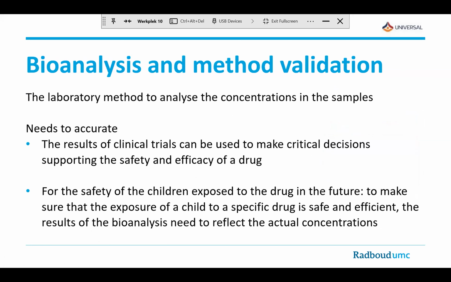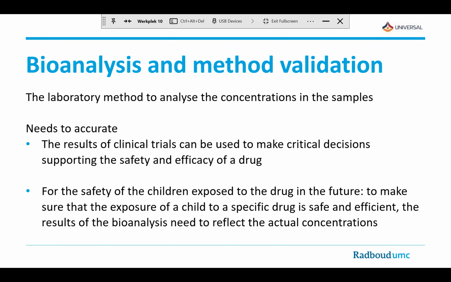And it's not only taking the blood samples, there's also something else that is important: the bioanalysis method, which means the method to analyze the blood, plasma or urine concentrations. Your laboratory has to be able to measure these concentrations, and they have to be accurate, because the results of clinical trials can be used to make critical decisions supporting the safety and efficacy of a drug.